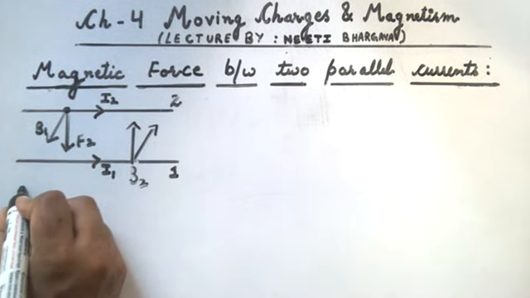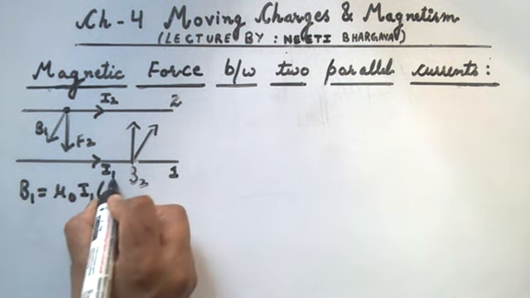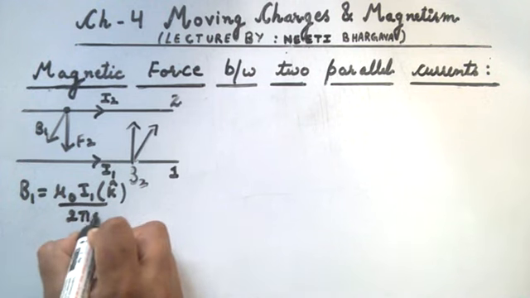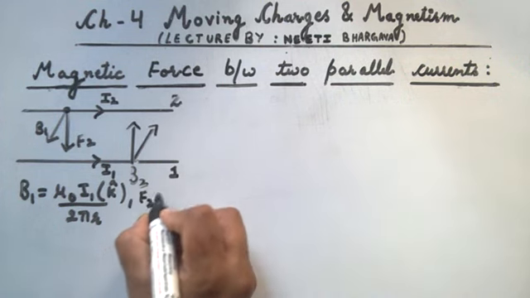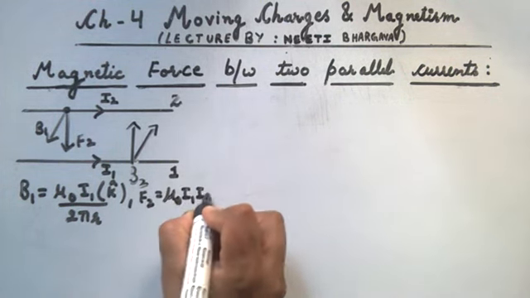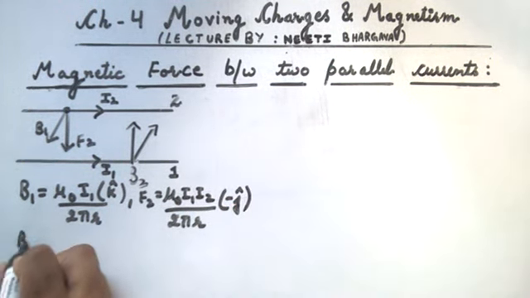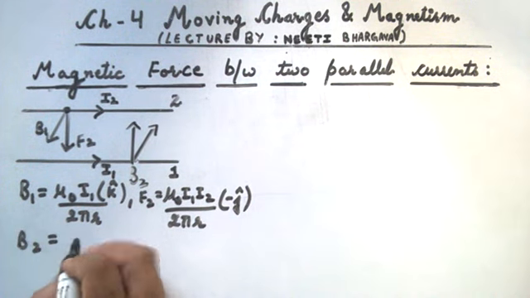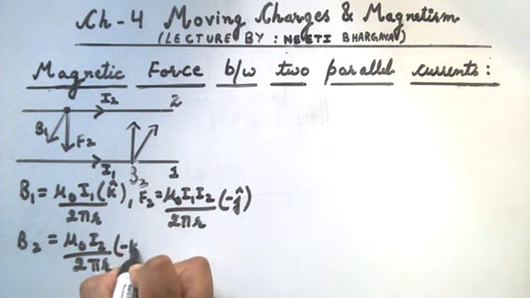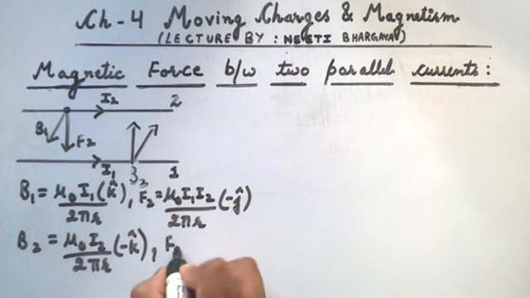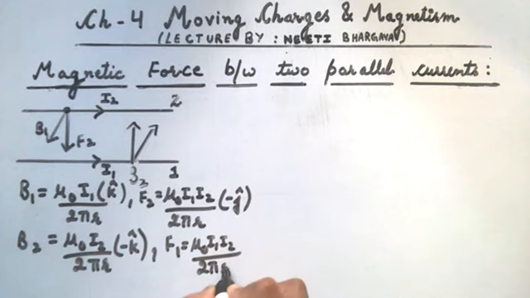Their values are B1 is mu naught I1 k cap upon 2 pi r, and the value of magnetic force is F2 equal to mu naught I1 I2 upon 2 pi r minus j cap. Similarly, B2 magnetic field is equal to mu naught I2 upon 2 pi r minus k cap, and F1 equal to mu naught I1 I2 upon 2 pi r j cap.